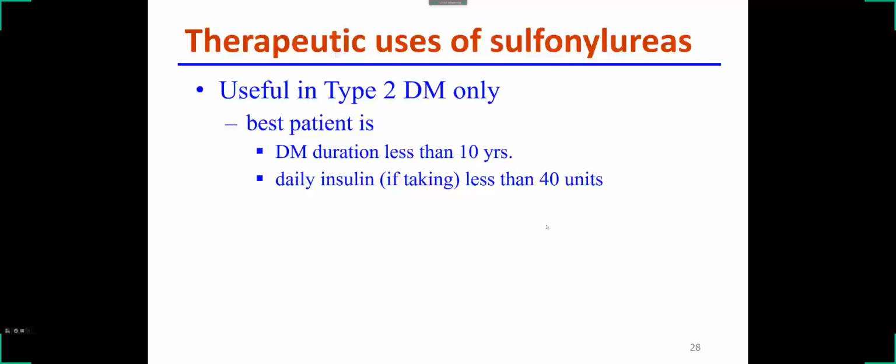Now, as I mentioned, these sulfonylureas only work in type 2 diabetic patients. Typically, the ideal patients are those in the first 10 years of diagnosis, mainly because they still have beta cells. They haven't had beta cell exhaustion, and they can still make insulin.